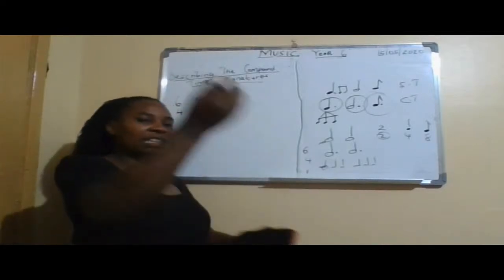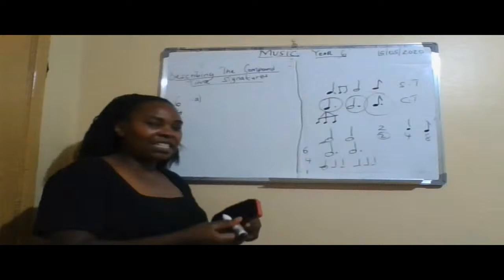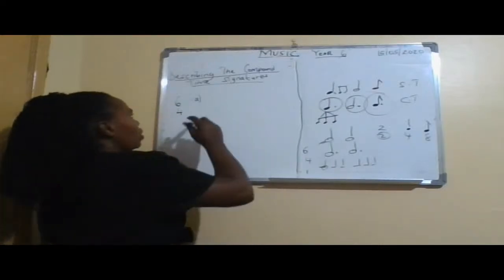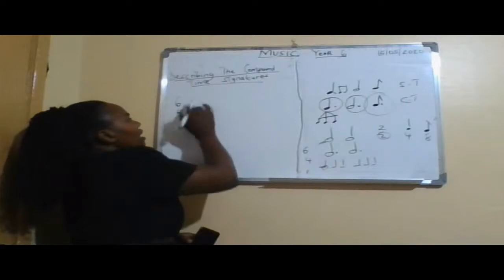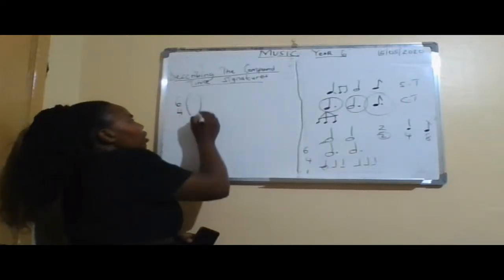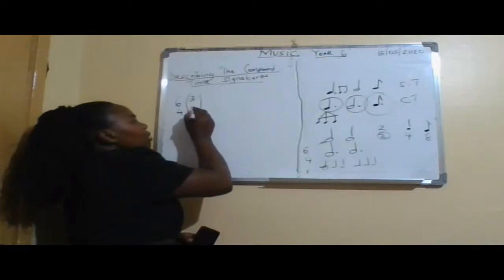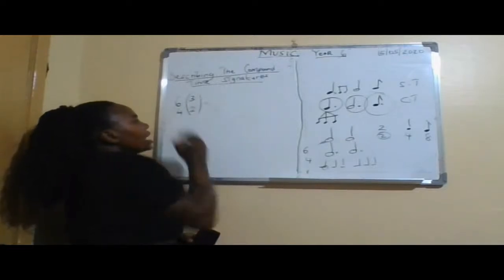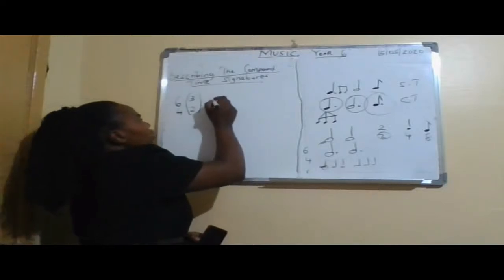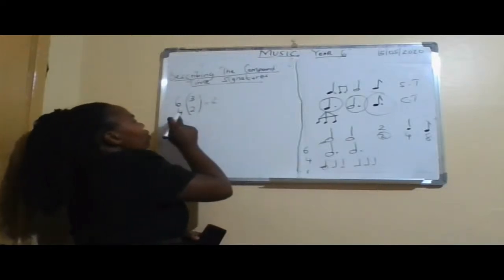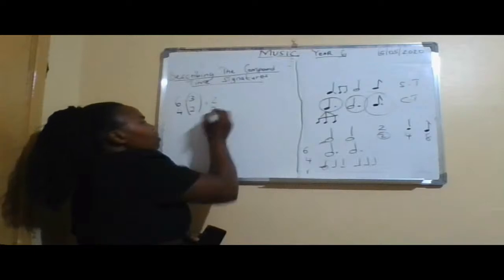So for us to describe it, we divide so that we can go back and see how many dotted notes are there. You divide the top number by 3, the bottom number by 2, and the answer here is what? 6 divided by 3 is 2, and 4 divided by 2 is 2, and remember to put your dot there.